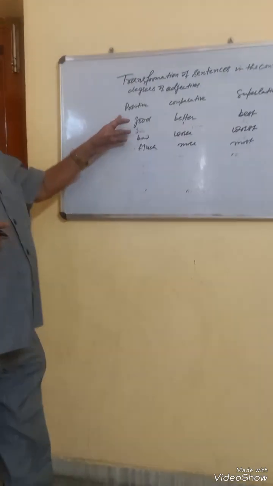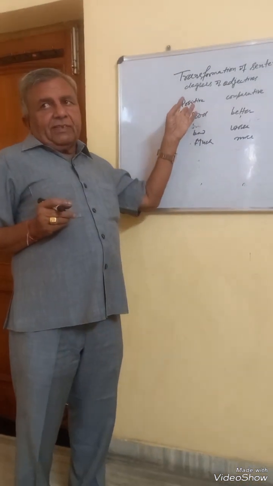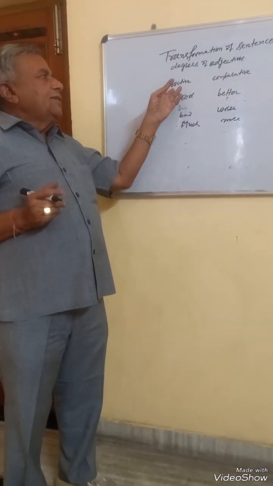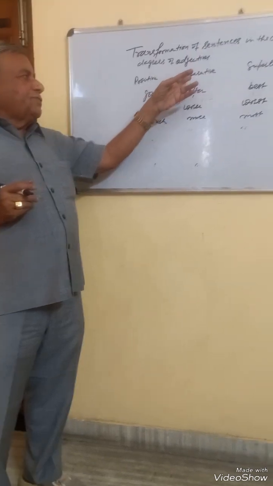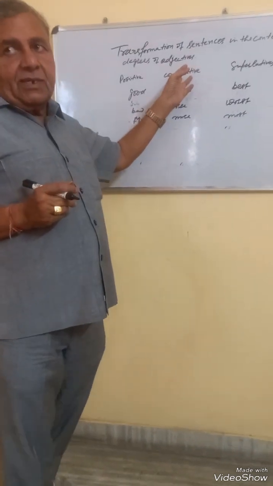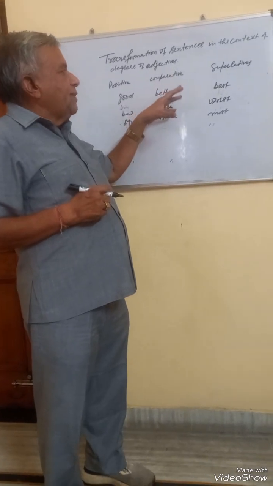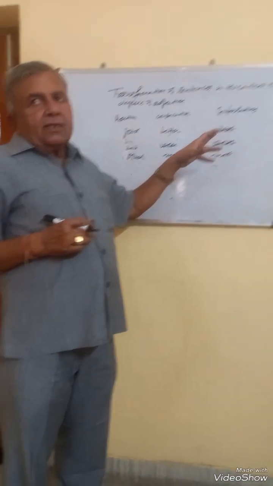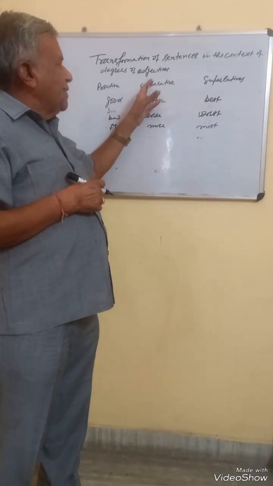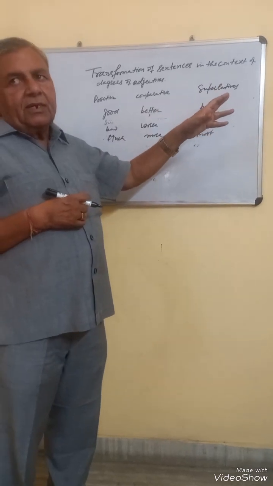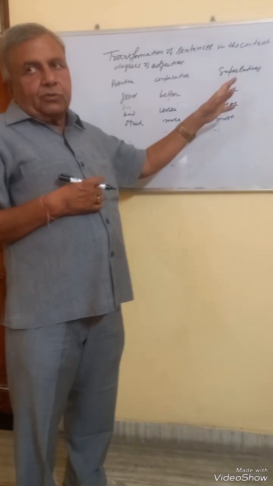It is generally said that positive degree is used when there is no comparison. And when there is comparison between two persons, then comparative degree is used. And when there is comparison between three or more persons, then superlative degrees are used.